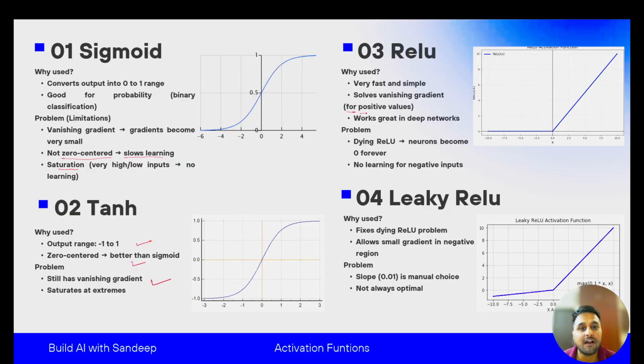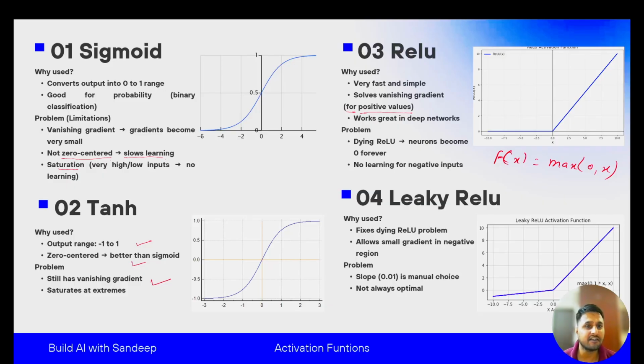Just understand this point: it solved the vanishing gradient problem for positive values, and its formula is max of 0 and x. So this is the formula, and you can see the graph is very simple. For all negative values, it returns 0, and for all positive values, it gives us the max of 0 and x. It means the x value.